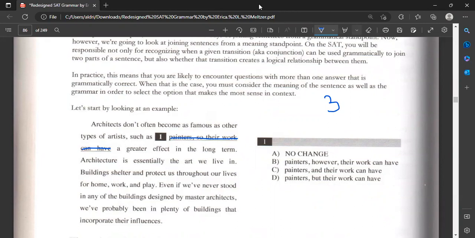Let me just maybe erase this. Yeah. So let's look at the first part of this sentence. It says architects don't often become as famous as other types of artists, such as painters. And then the other part says, so their work can have a greater effect in the long term.